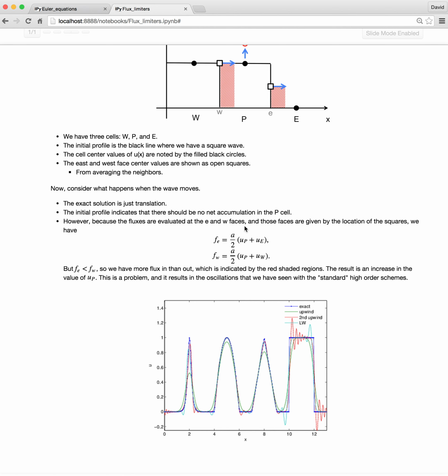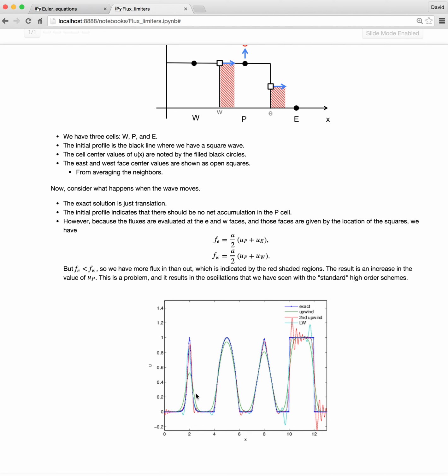If we implement such a model, here again we've seen this before. Here we have our initial condition as the blue line with symbols, and we're running this for one flow through time. And here we're just comparing three different methods. So we have the exact solution, and then the green line is the upwind scheme applied with an explicit Euler like time advancement.